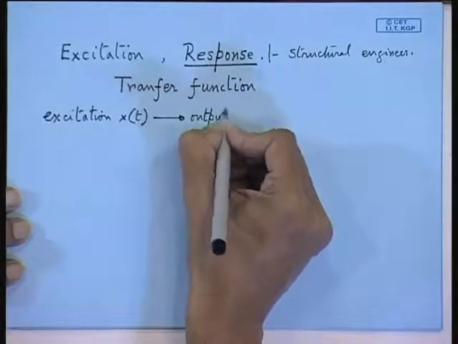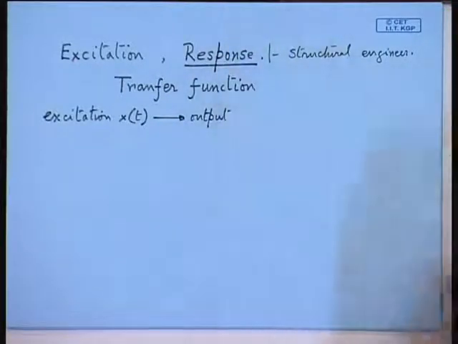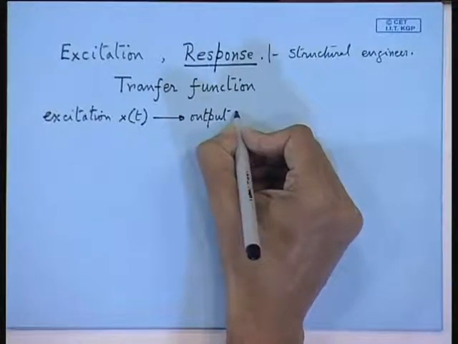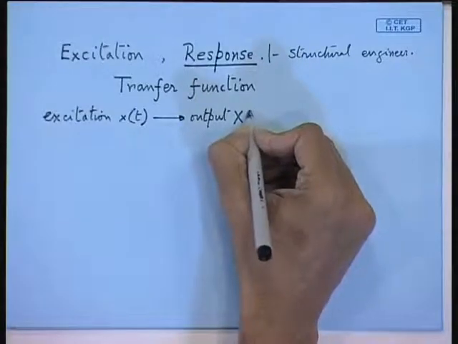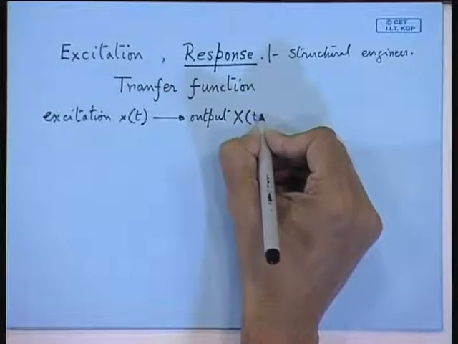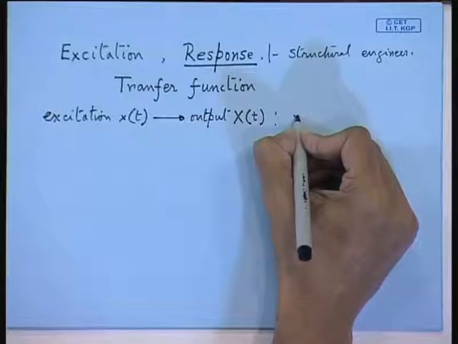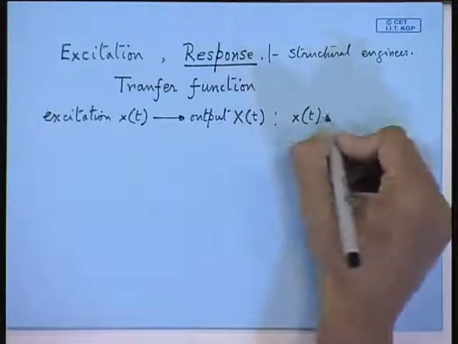All these terms you will find in signal processing. Feedback and control and all these things will come under this. Say the output is your response x t. So what we are getting is that there is a transformation from an excitation to the output.